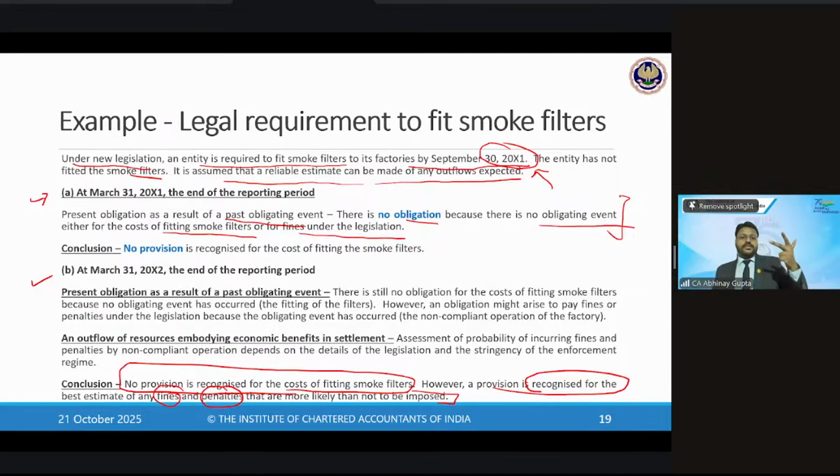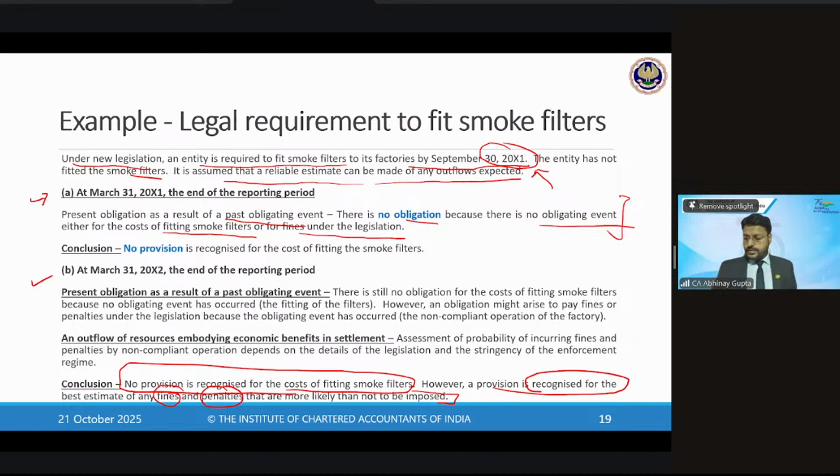Now, the provision will be recorded at the reliable estimate of the amount which will eventually be paid, right? What would that reliable estimate be in this case? The reliable estimate will come from the law itself. If there is any section within that law which talks about the amount of penalties and fines payable by defaulters, then that very amount will be considered for recording this provision, yes or no?